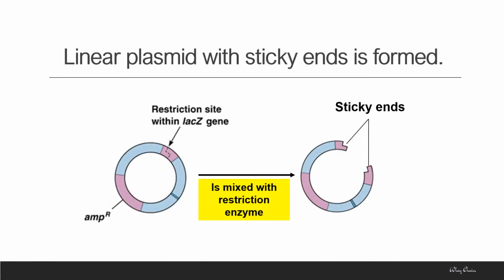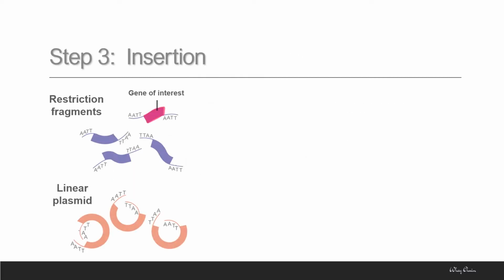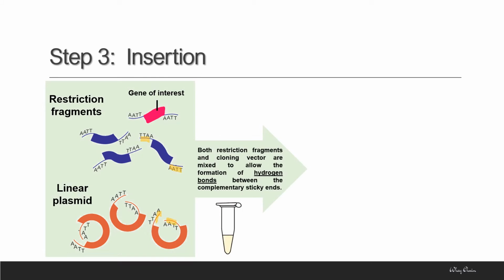So usually plasmid has one restriction site for a specific restriction enzyme, which is located at the lacZ gene. Both restriction fragments and linear plasmid have complementary sticky ends. So when they are mixed under an optimal condition, they allow hydrogen bond formation.